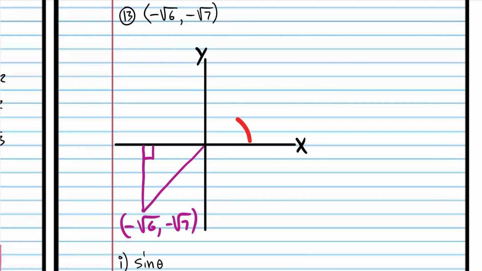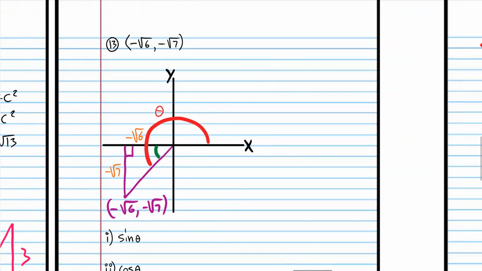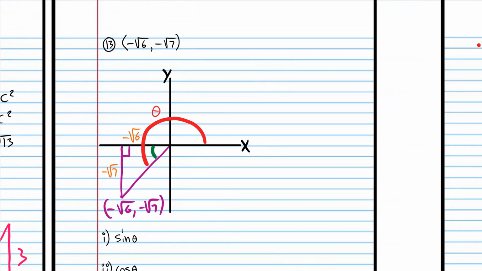And this is the angle in question, the angle that we're talking about. And of course we have to consider the green reference angle. This side is negative root 6 and this side is negative root 7. And we have to find the hypotenuse. So we're going to use the Pythagorean Theorem.